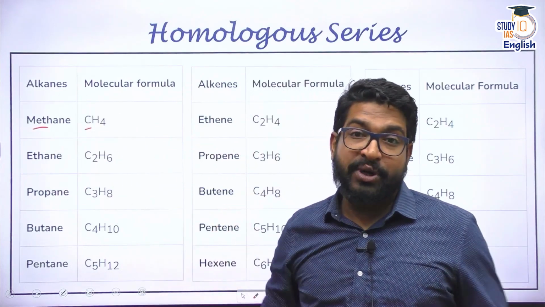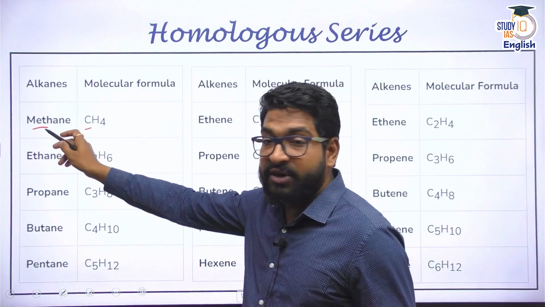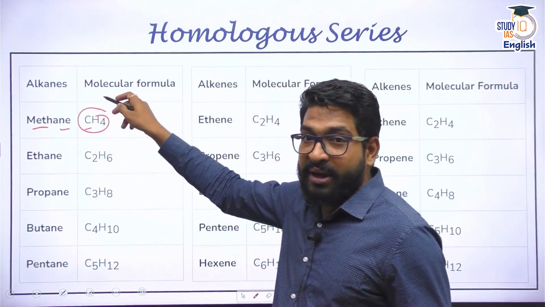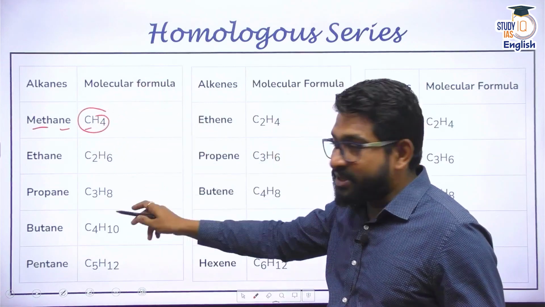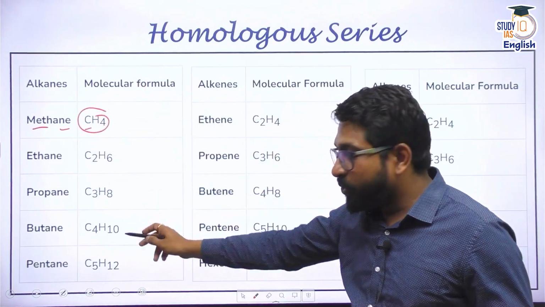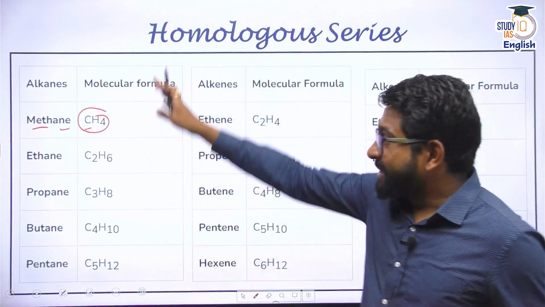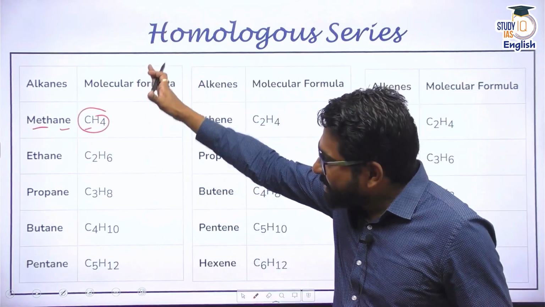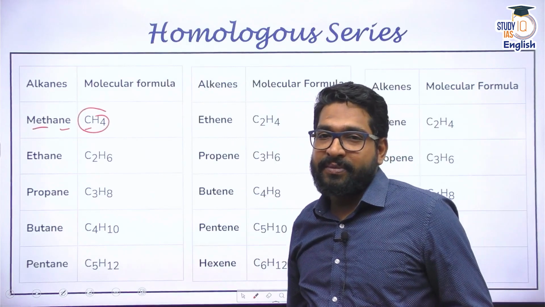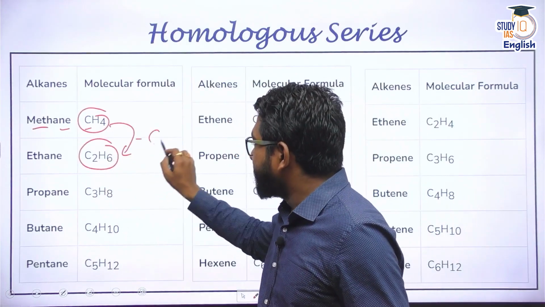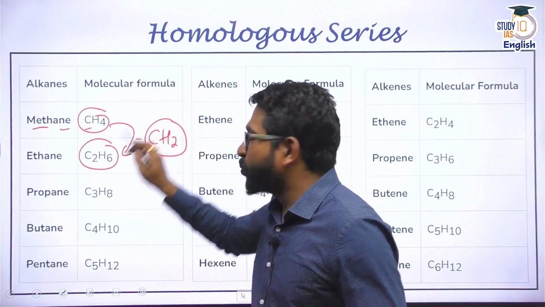That means saturated hydrocarbon, and we name it methane. If we look at this homologous series, there is methane, ethane, propane, butane, pentane, hexane, heptane, octane. You go in that particular series, and this becomes the homologous series of alkanes. Now, if you look at the difference between methane and ethane, you will see that the difference is only CH2.